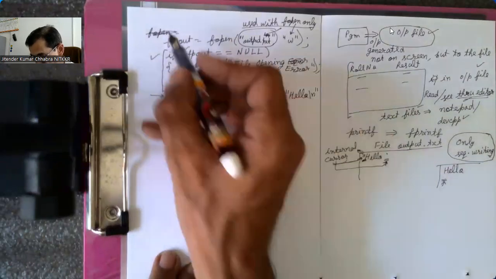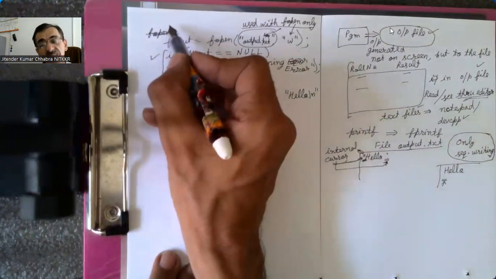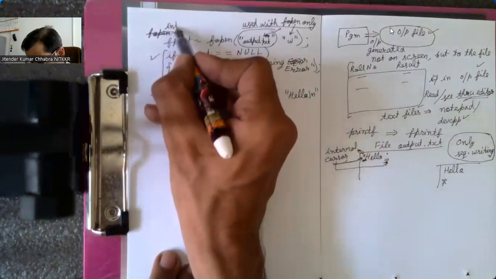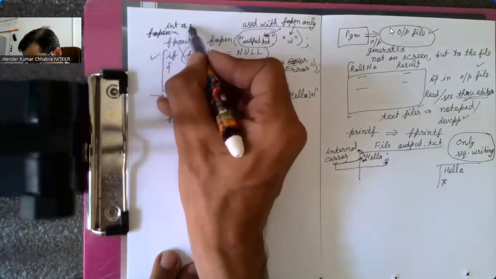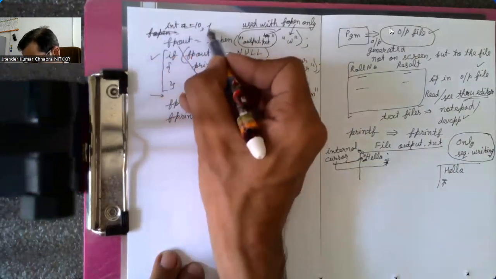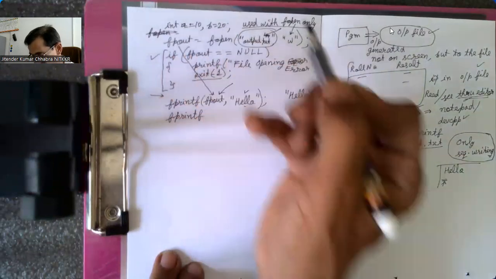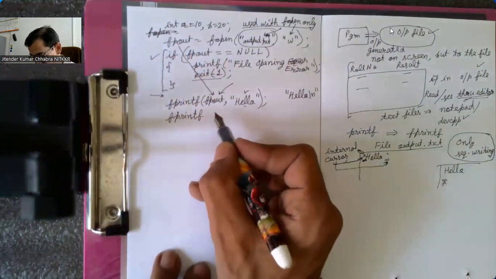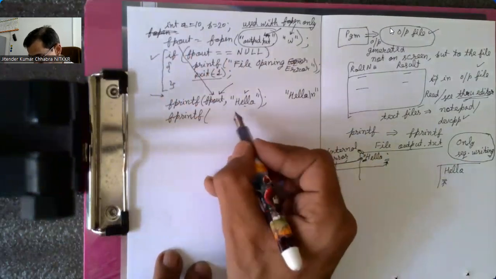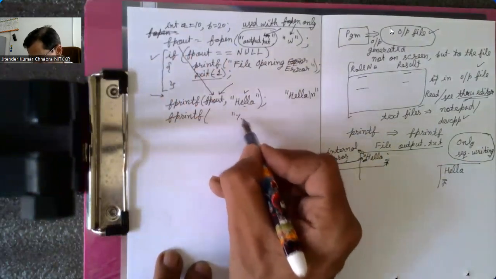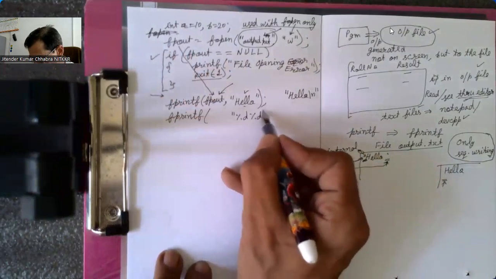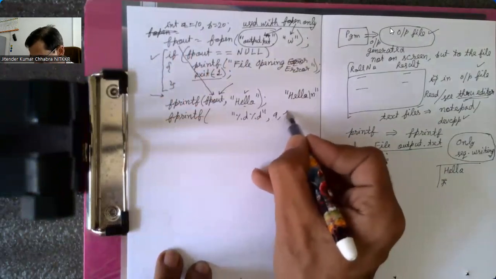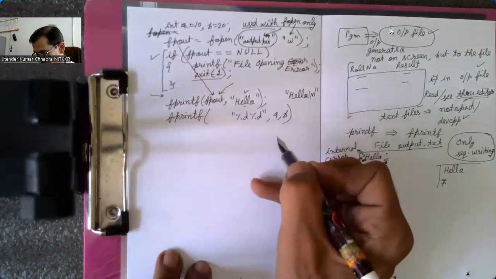I have variable a. Say I have int a equal to 10, b equal to 20. And I want to write this data on the screen. For that, you could have written a printf statement, printf with %d %d, a, b, then 10 and 20 is displayed on the screen.